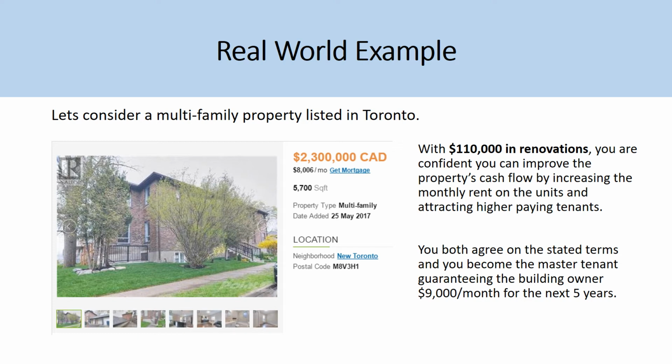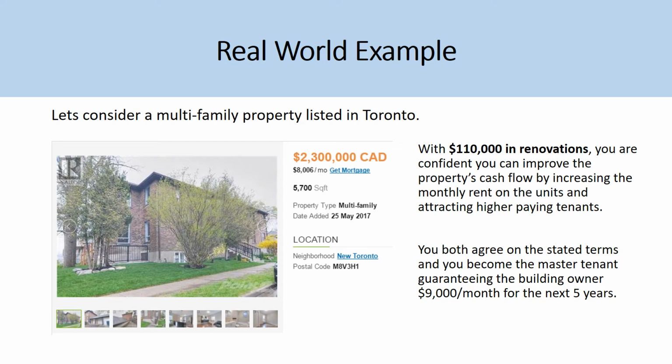I think I can get $3,500, hitting that market average we talked about. By investing this $110,000 in renovations and improving the quality of these units, I believe I can raise rent and continue to increase it over the next 5 years to generate positive cash flow and profit from this deal.